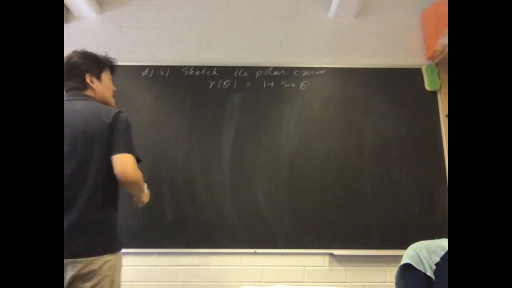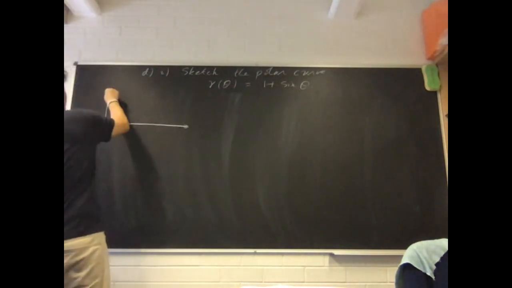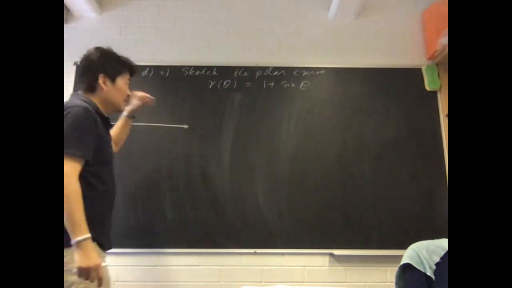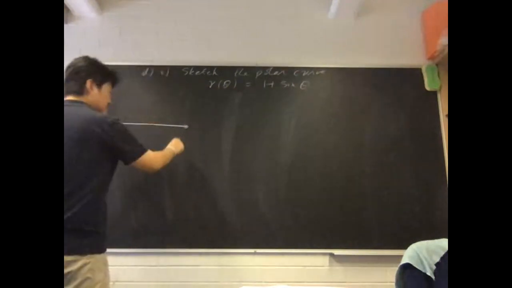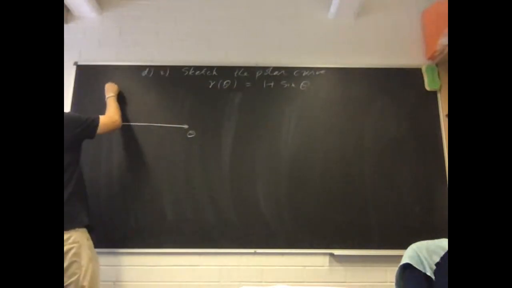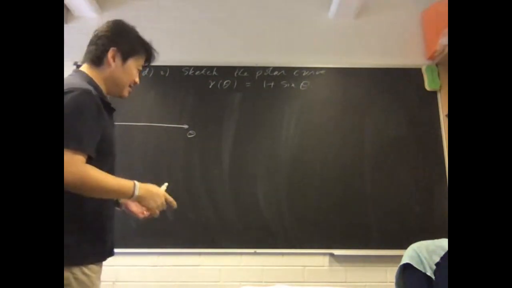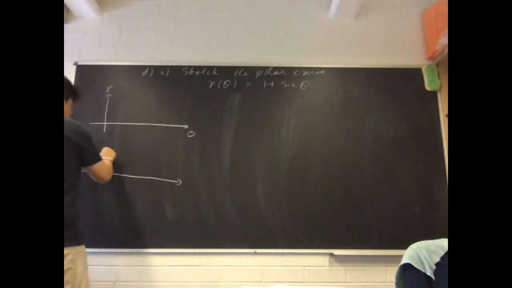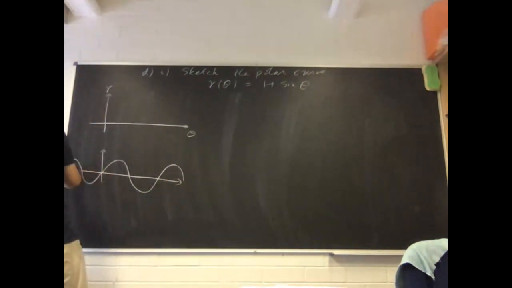Well, okay. So before plotting the polar graph, let's just take a look at this function first as a function on the r theta plane. If it's on the r theta plane, then it's a much easier problem. Sine is this oscillatory function, right? It goes like that.